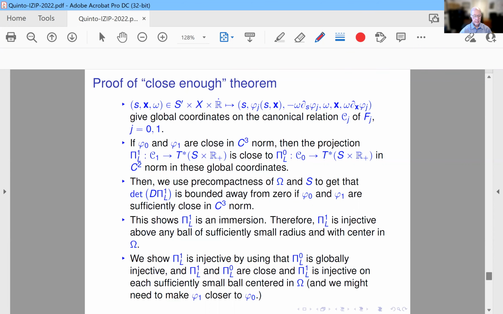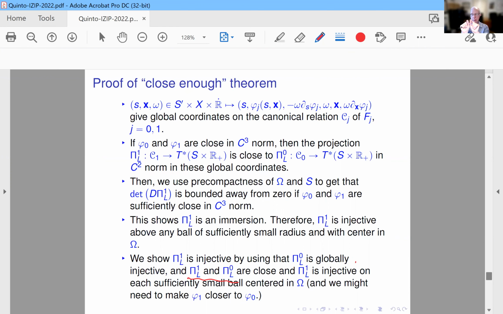Okay. Then we show pi 1L is injective by using that pi 0L is globally injective, and they're close. So if the pi 1s agree on 2 points, the pi 0s are going to be close.